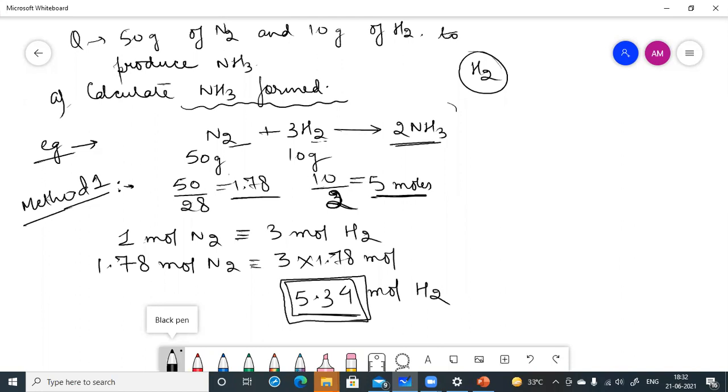Okay. Now simply, as we did in the last question, using the unitary method, you can find out the amount of ammonia. How will you find out?